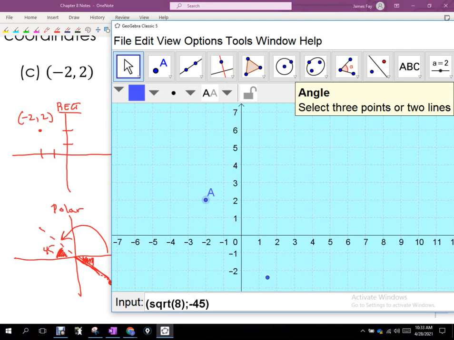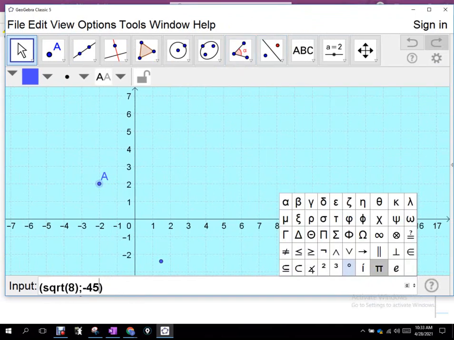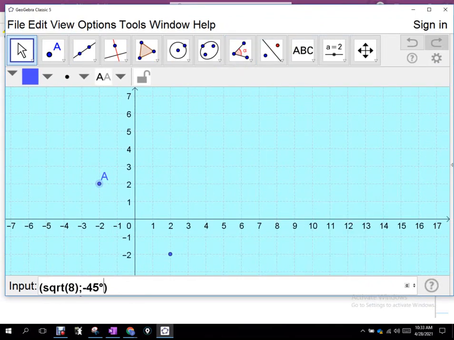So here's the thing with GeoGebra. Negative 45, it kind of looks like it's the right spot here, but what that's doing is negative 45 radians. So it's traveling clockwise, negative 45 radians, until I put the degree symbol on there. And you see how it kind of moved a little bit?